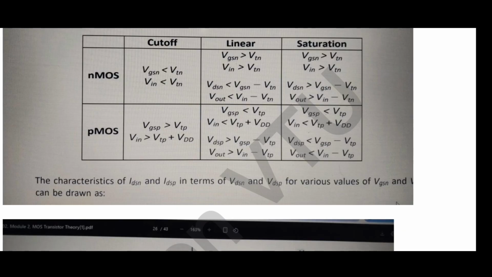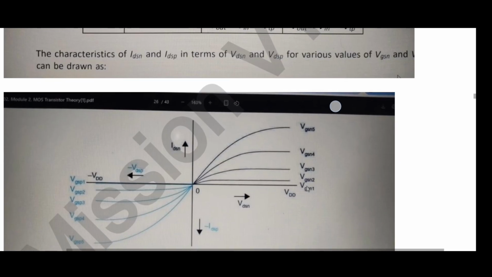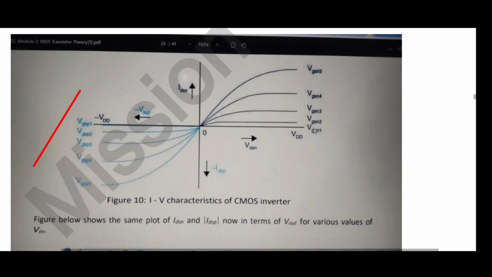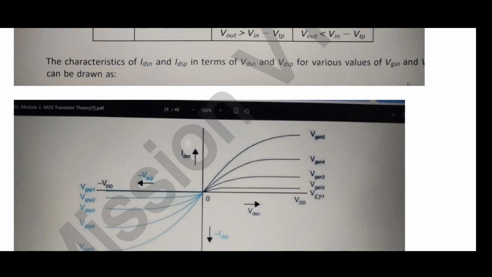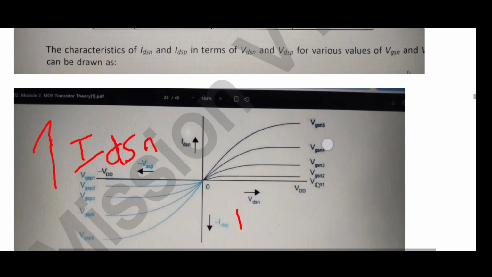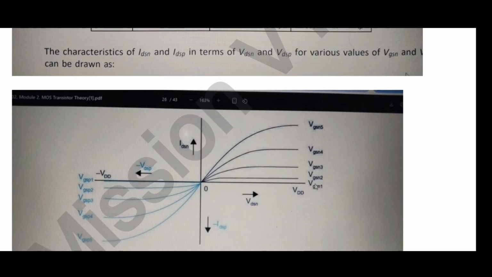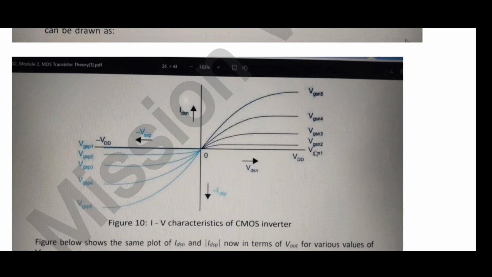Okay, the next is characteristics. This is the IV characteristics of the CMOS inverter. Okay, it is plotted between IDSN and IDSP in terms of VDSN and VDSP. Okay, so this characteristics graph of a CMOS inverter you need to write in the exam.